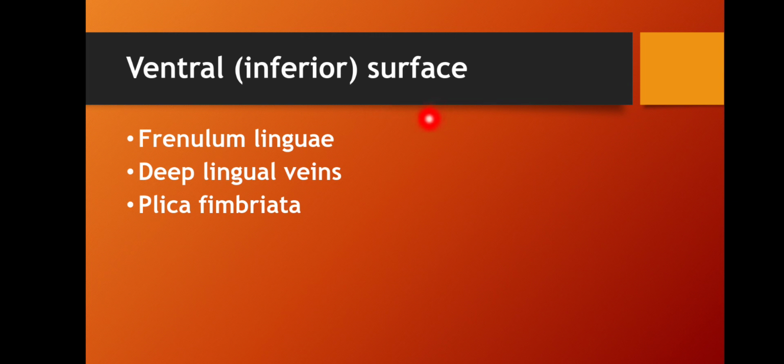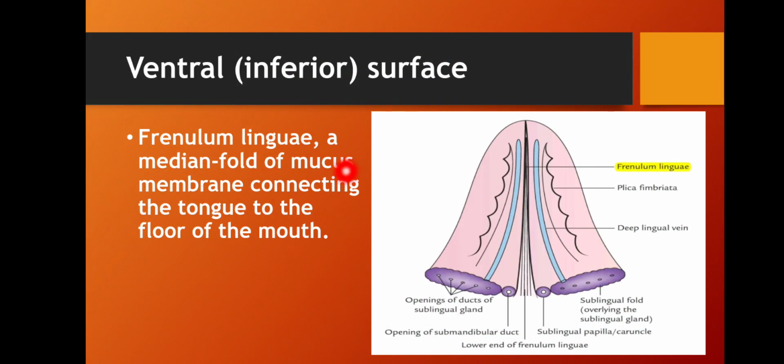Next. The ventral surface of the tongue, or it can also be called the inferior surface. This ventral surface will exhibit the frenulum linguae, deep lingual veins, and the plica fimbriata. So let's see the structures. The ventral or inferior surface of the tongue will contain the frenulum linguae. See here the structure, the black colored margin, this is the frenulum linguae.